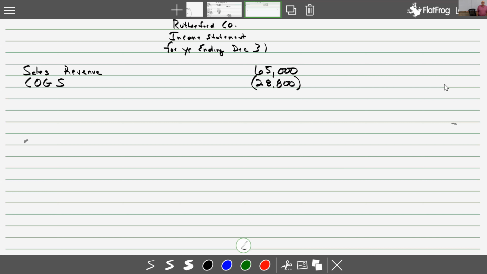Anytime you're writing a negative number in accounting terms, you just put parentheses around it. Okay, so I'm doing that there. So our sales revenue is 65. We're going to subtract out the cost of goods sold. That is going to give us our gross margin or our gross profit, whatever you would like to call it there. Goes by both names, be aware of that.